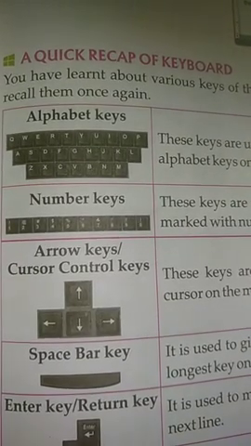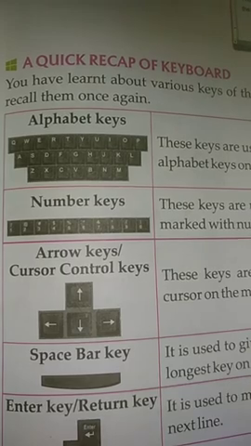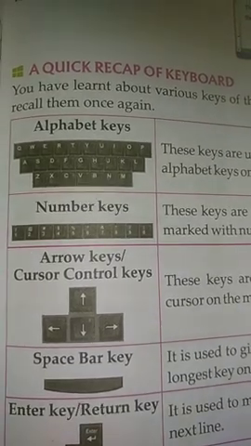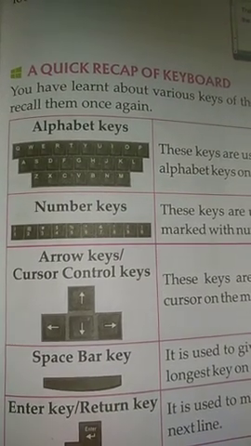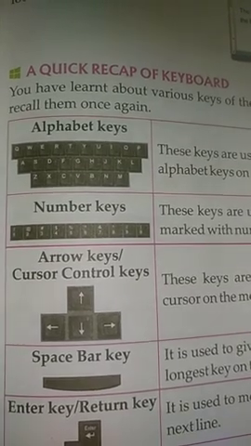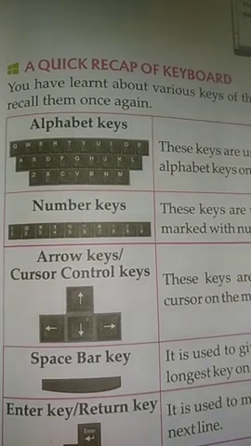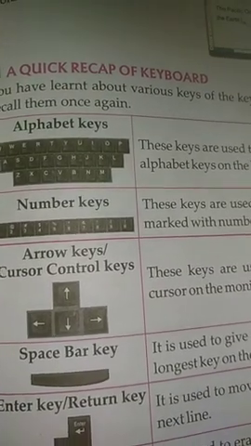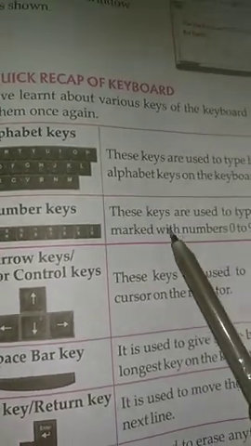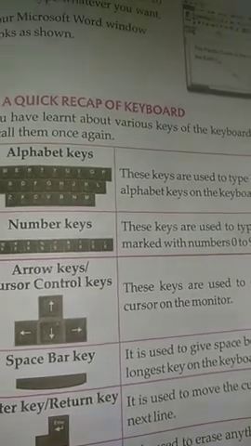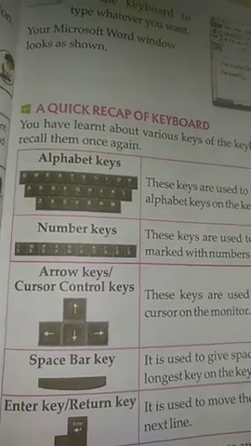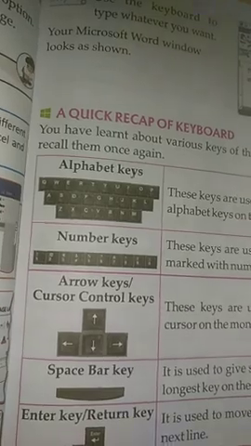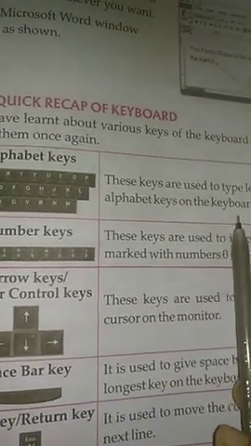A keyboard has many keys, like alphabet keys, number keys, arrow keys, spacebar key, enter key. So let's see what is the use of alphabet keys. Alphabet keys are used to type letters. There are a total of 26 alphabet keys on the keyboard.